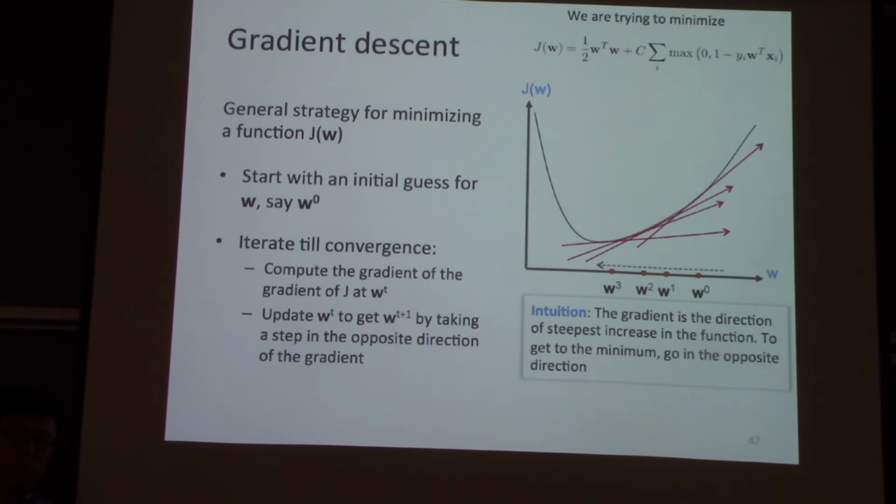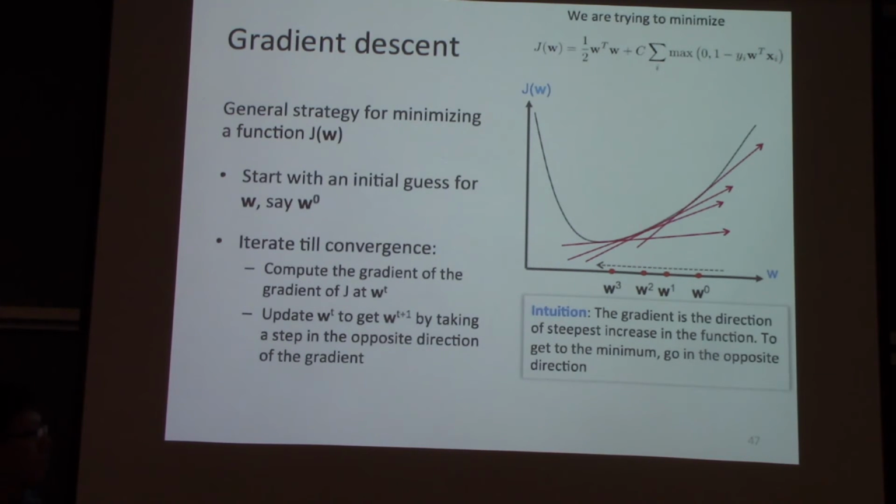And the direction of that gradient is pointing to the direction where the function increases the most. Since we know the gradient has this property, and what we want is to find the minimizer, we are trying to go to a point with smaller value. That means the natural thing to do is to go in the opposite direction of the gradient.